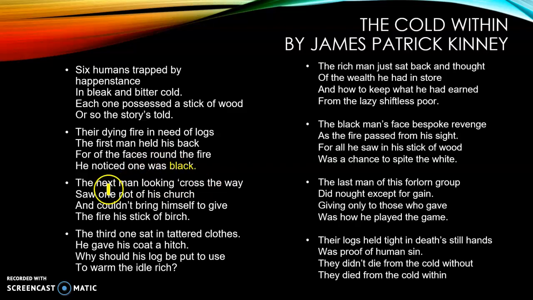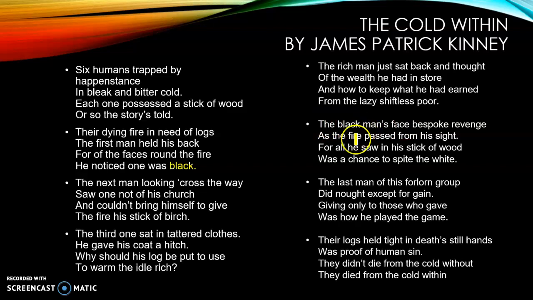The next man saw that one of the other men didn't belong to his church. The third one was a poor man, and he didn't want to give warmth to the rich man. The rich man did not want to give it to the poor man.